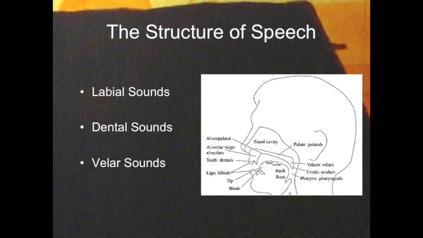And then finally, we have velar sounds. Velar sounds are those sounds made by articulating the body of the tongue towards the velum in the upper portion of the oral cavity. Examples of such sounds in English are, again, a K sound or a G sound.